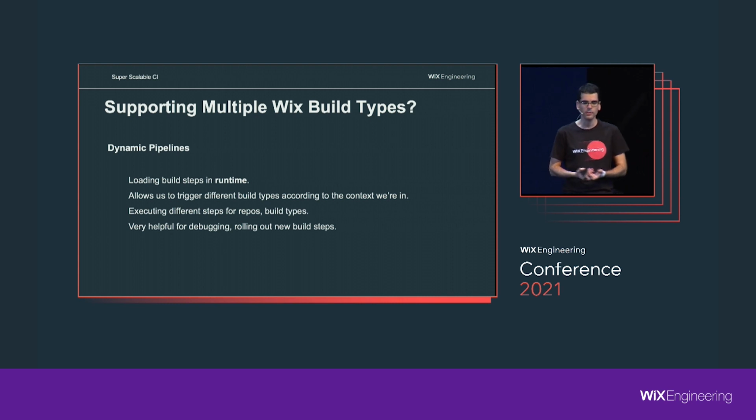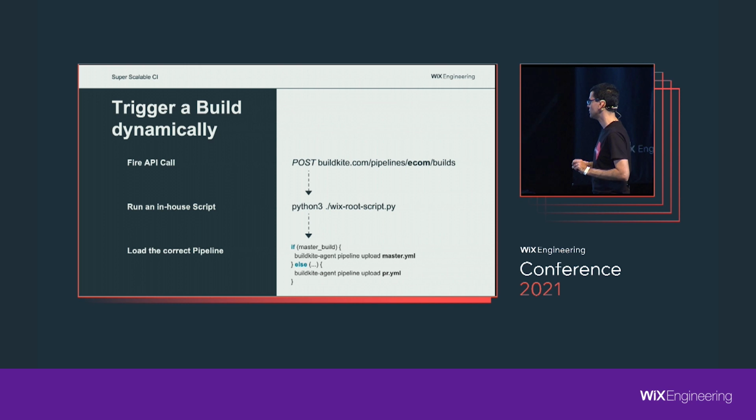So using that, we can support all of the build types that we have, but it also gives us a very nice additional value. It allows us to identify certain conditions, certain feature flags, and then say, well, if we're in the ecom pipeline and the build type is pull request, I want to load those experimental steps. It's a nice way to gradually test and roll out new changes. So what I just said, it's very simple.